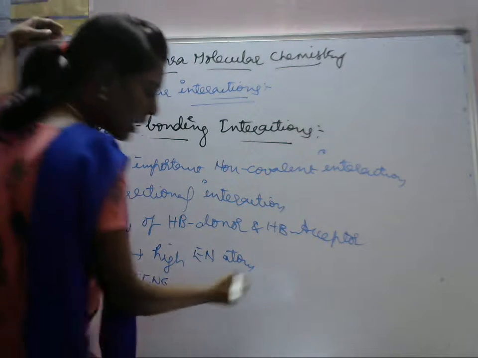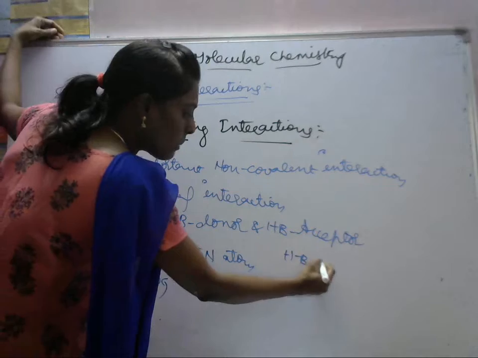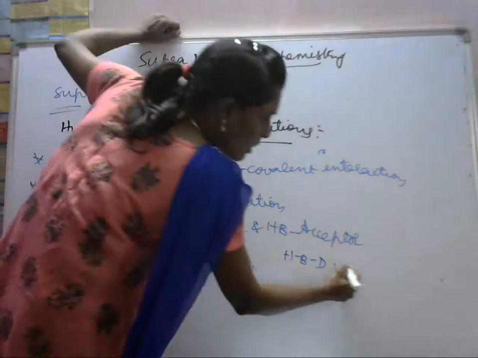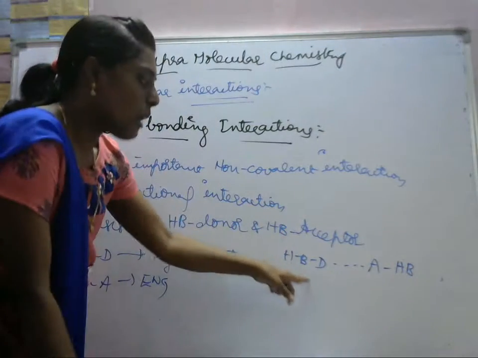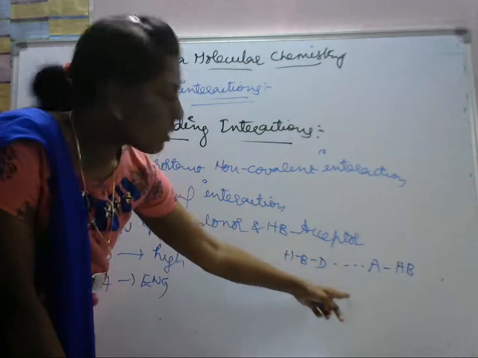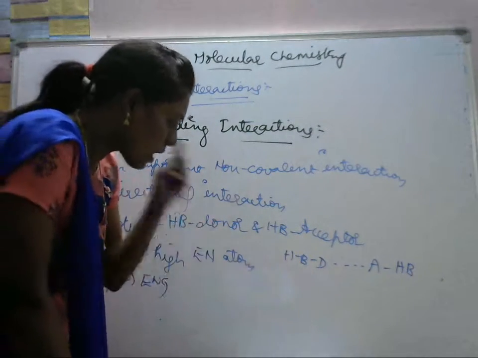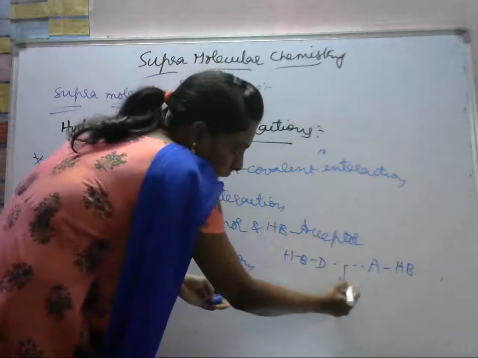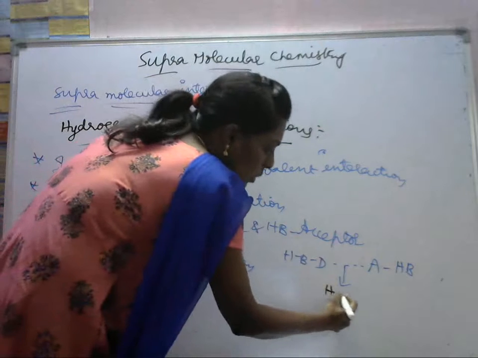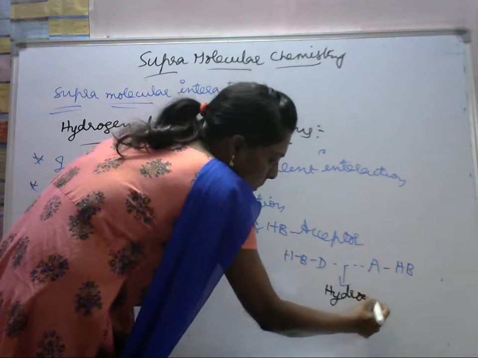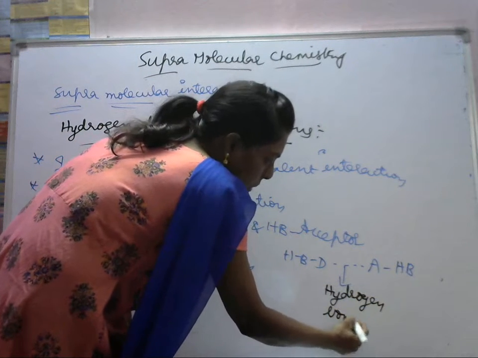Here HBD means donor, and a bond is formed between the hydrogen bond donor and the hydrogen bond acceptor. This is called a hydrogen bond.